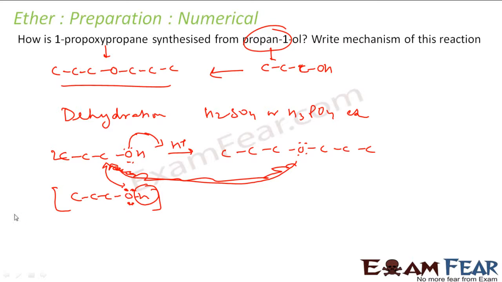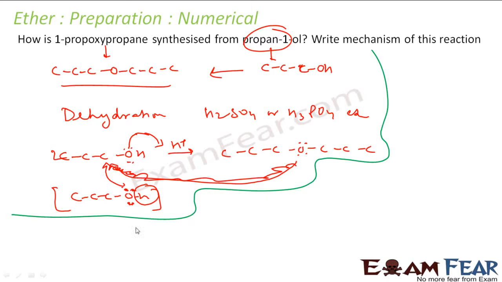So let me write the mechanism in green now. Okay, the first step, as I told, is you have this and this H plus, protonation. This will come here. So what you get is this with OH, and oxygen will get a positive charge.